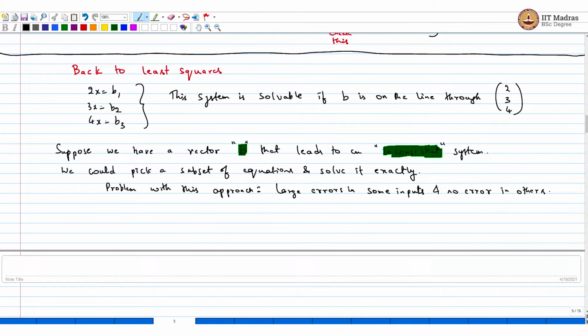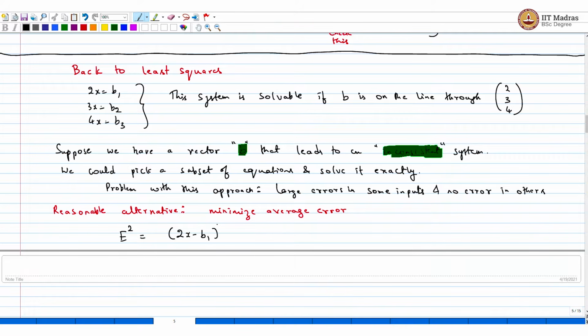Now, what would be a reasonable alternative? Hence, the reasonable alternative is to minimize the average error. So, in this particular example, what is the average error? Let me write it as E. The average error is the sum of squares and you want to find the least square.